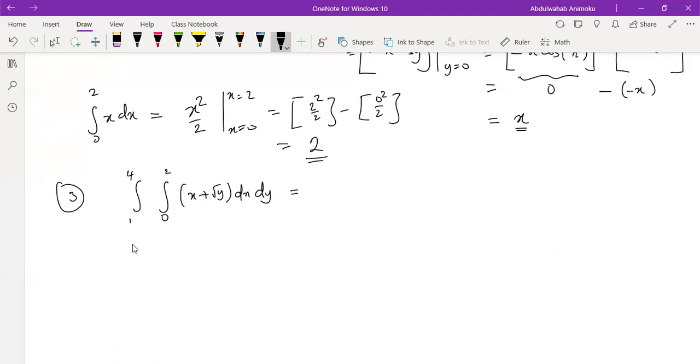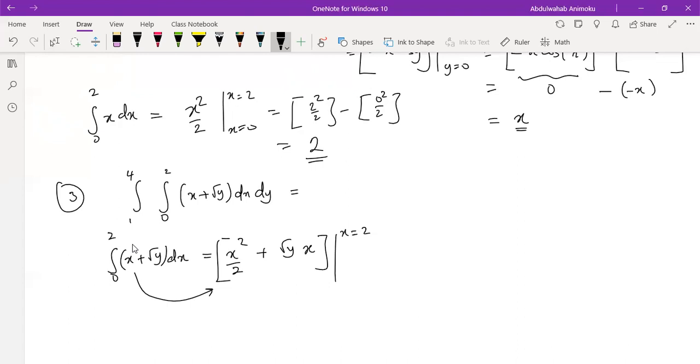Now what happens? We just need to again single out the part that we need to integrate first, the x. Now this is just integration of polynomial again. So you have x squared over 2 for the first one, then plus root y times x for the second one. Now we have to evaluate this thing at what?